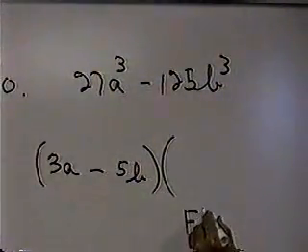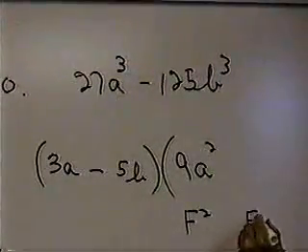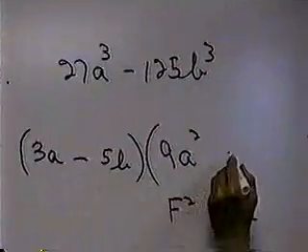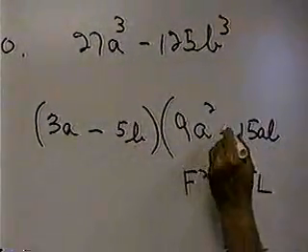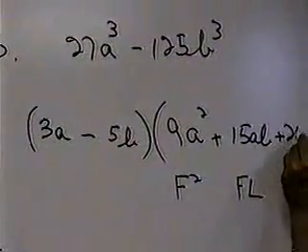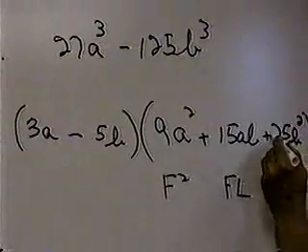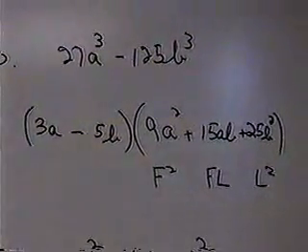It's the first one squared, so that's 9a squared. It's the first times the last, so that's 15ab, opposite sign, and it's the last squared, so it's 25b squared. Okay, just memorize it.